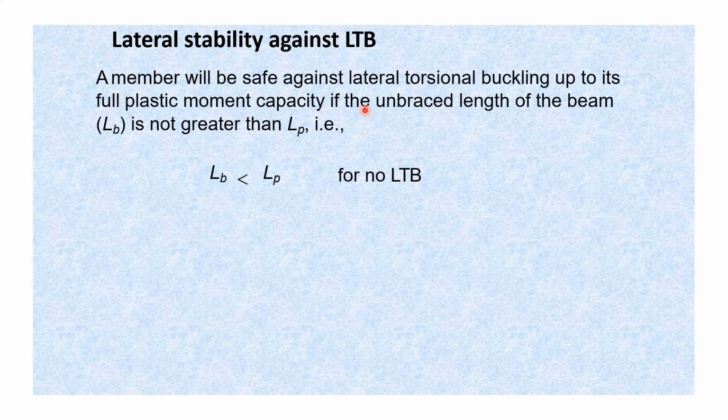But the condition is that the unbraced length of the beam is not greater than LP. If your unbraced length between supports or any bracing, LB, is less than LP, then there will be no chance of lateral torsional buckling.